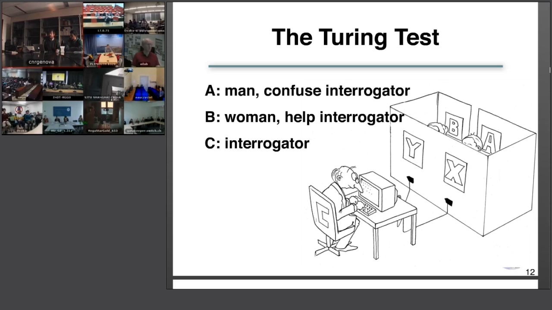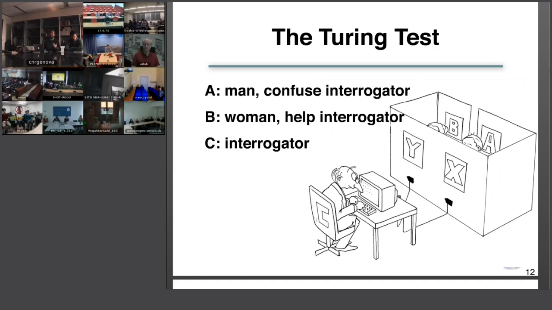Not surprisingly, at the very beginning of AI, Turing came up with the Turing Test, which is a kind of operational way to see if a system is intelligent. I talk to the system without seeing it. If it can fool me and convince me that it's human, well, this is a very simplified version of the Turing Test. The idea is that I put the system behind a wall, and then I interact with the system.